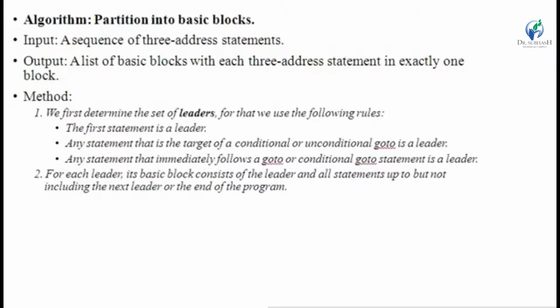So the algorithm for partition into basic blocks: input is a sequence of 3 address statements and output will be a list of basic blocks with each 3 address statement in exactly one block.